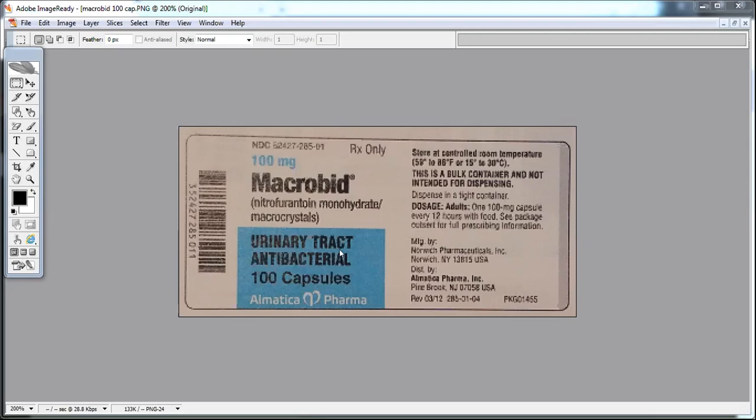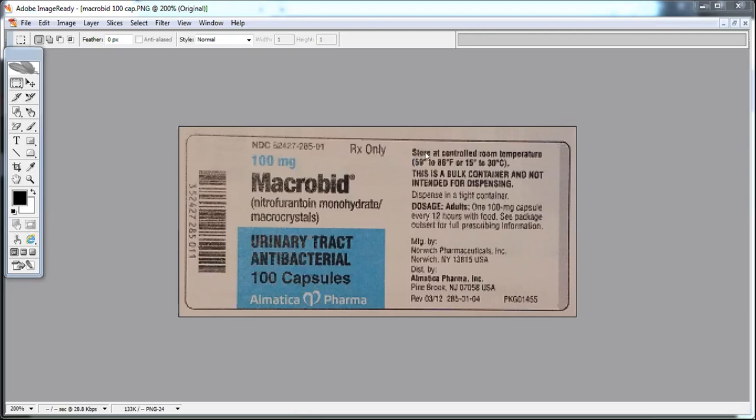And then the strength is this part in blue up here, 100 milligrams. Total quantity is from the capsules, so it's 100 capsules. Storage requirements.